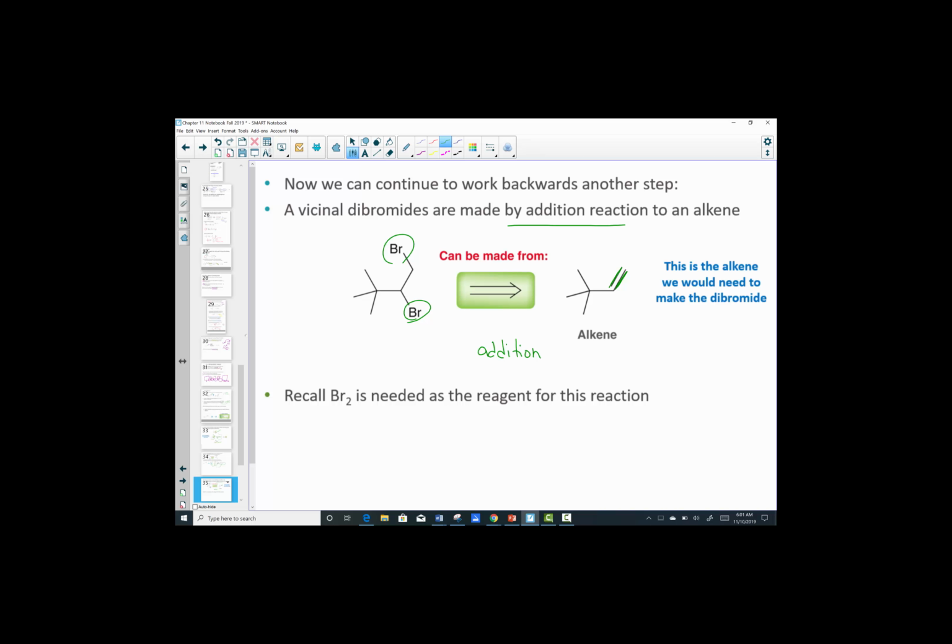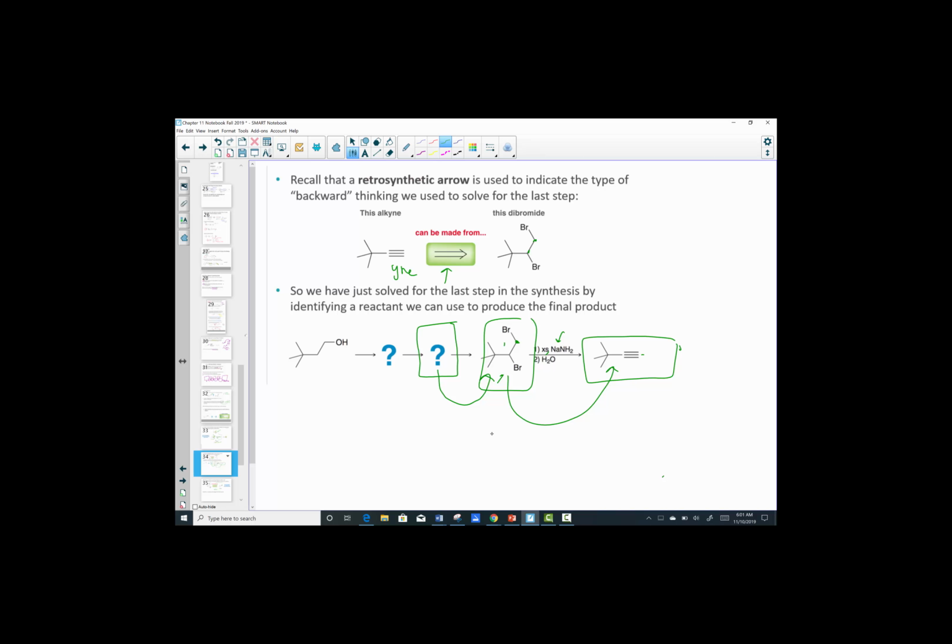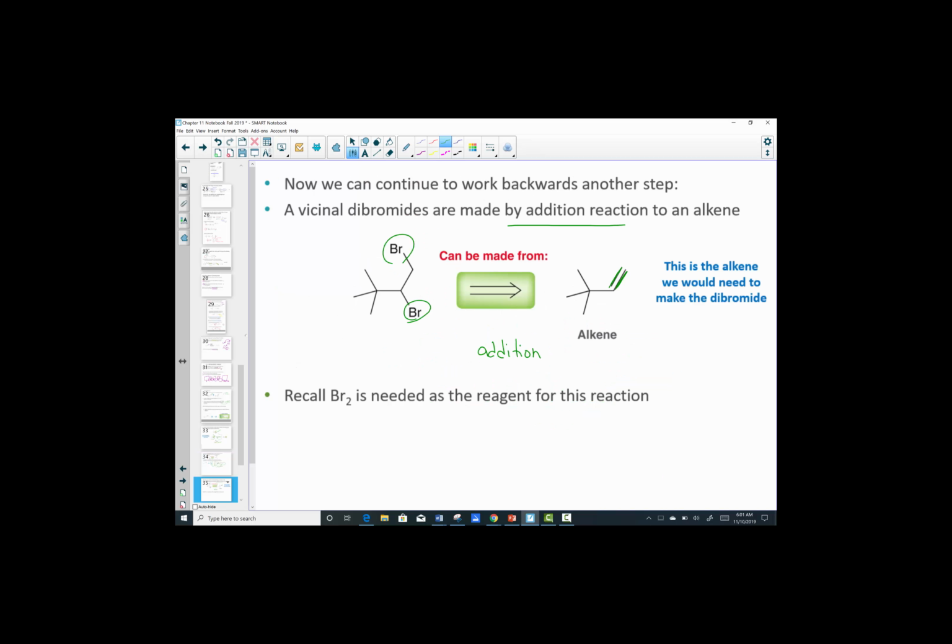So remember, these are just 2 general patterns, your addition or elimination. In the previous slide, this was an elimination. And now we go to create the dibromide. We need to add bromine into the workup, so we call that an addition. And how we accomplish adding 2 bromines to a molecule is through the workup of an alkene.